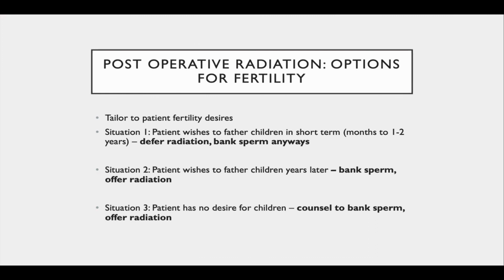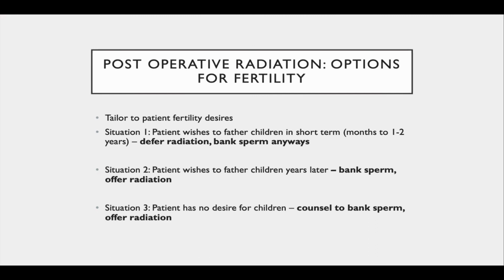They can try to naturally conceive. They should be counseled to bank sperm anyways, right away. You'd still follow them very, very closely. And if they're able to father a child in this time frame, that's fantastic. If they're not, then you would recommend that they undergo radiation and use the sperm they've hopefully banked to still be able to pursue fertility with assisted reproductive techniques.